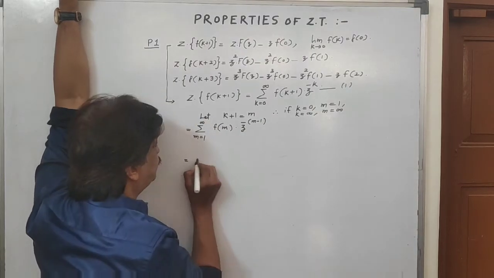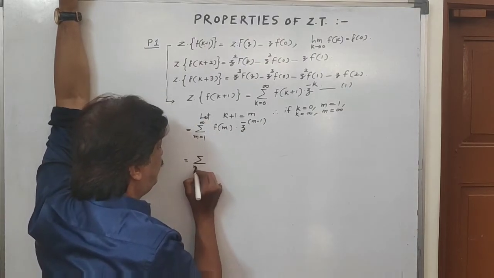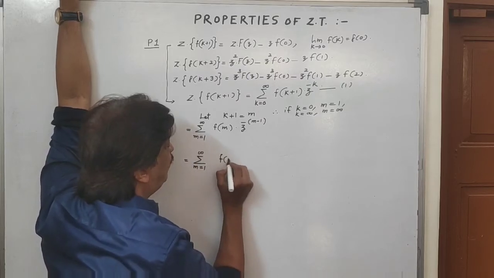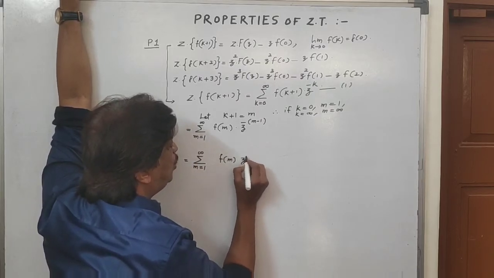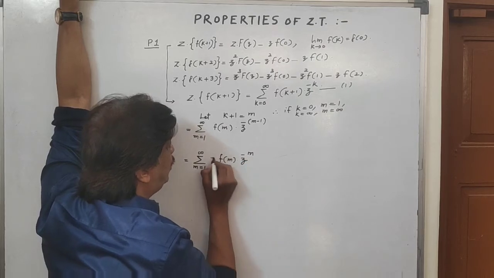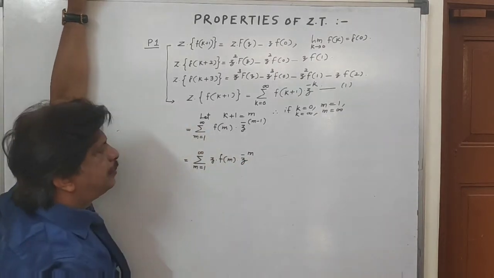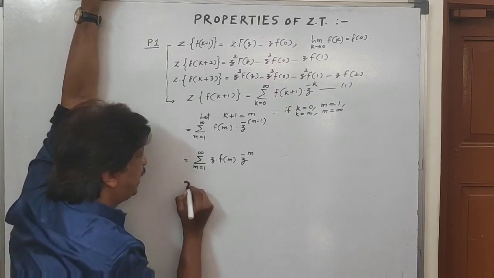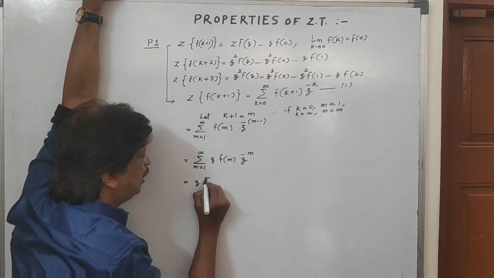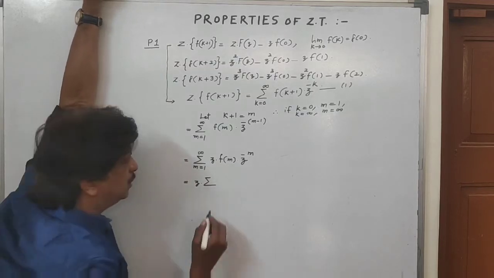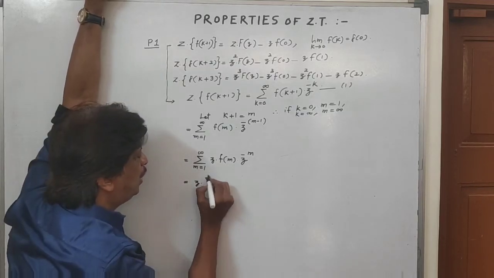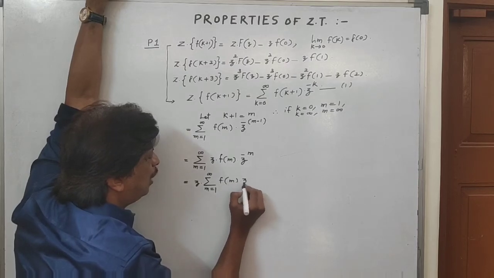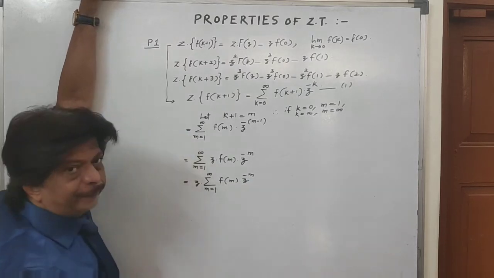So that is further equal to summation m equal to 1 to infinity f of m into z to the power minus m into z. This z is independent of m, so it can be taken outside the summation sign: z times summation m equal to 1 to infinity f of m into z to the power minus m.